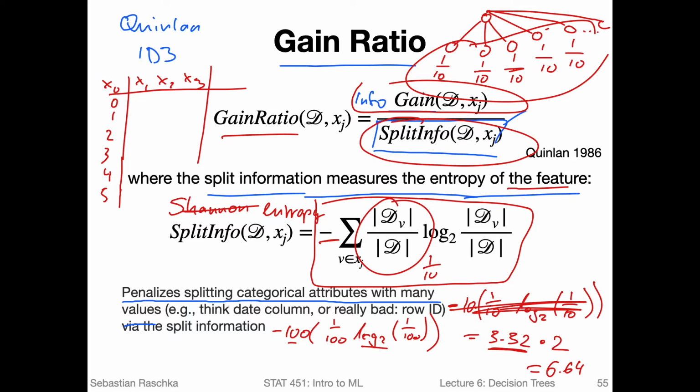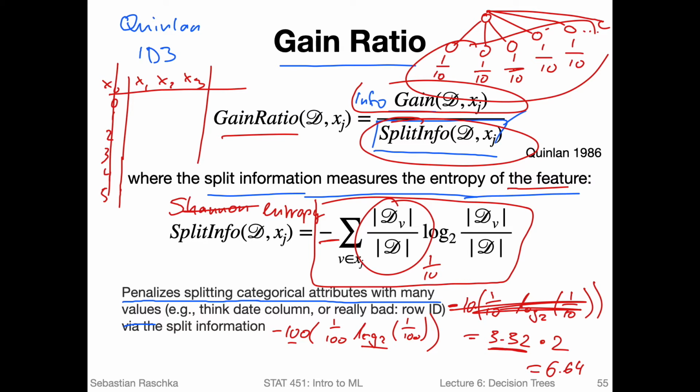But in terms of the gain ratio, of course this would be a very bad feature, because it would be a lot of categories. So in fact, the number of categories will be equal to the training set size. But of course, this would also be a bug or a mistake in our data set. So hopefully we don't have a mistake like that where we encounter a row index in our data set.